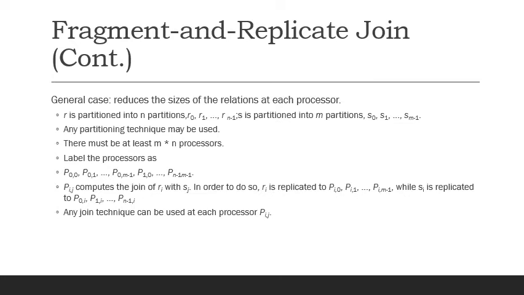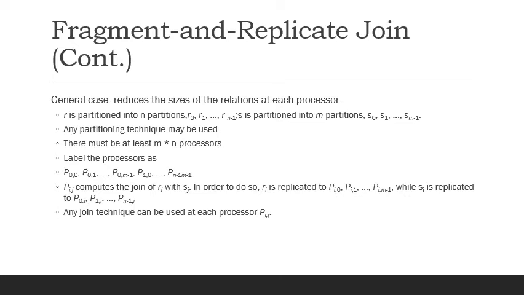Let the processors be P00, P01, up to P0,m-1, P10, up to Pn-1,m-1. Processor Pij computes the join of Ri with Sj. Each processor must get those tuples in the partitions on which it works.